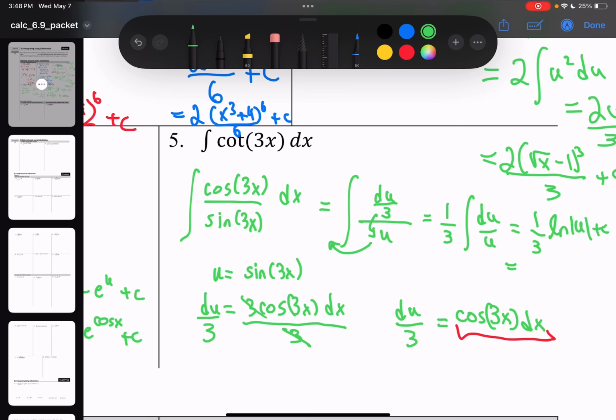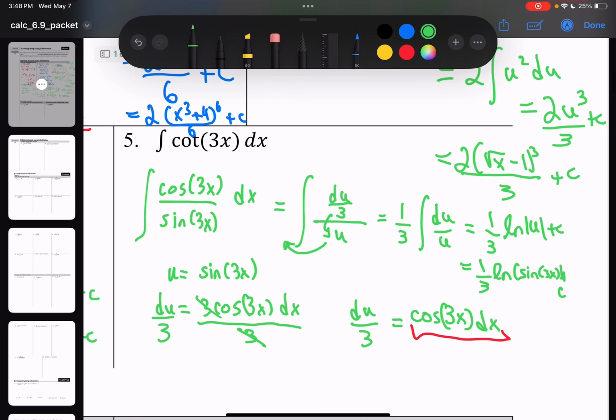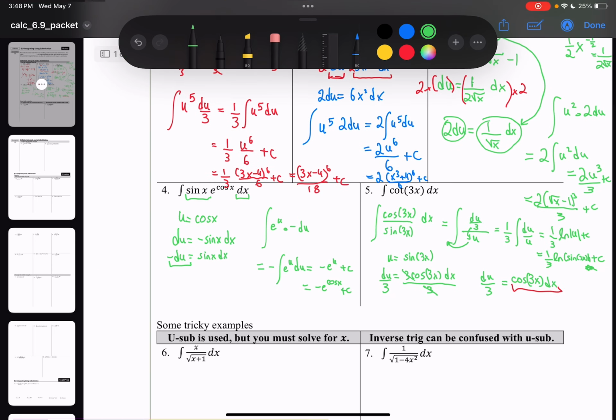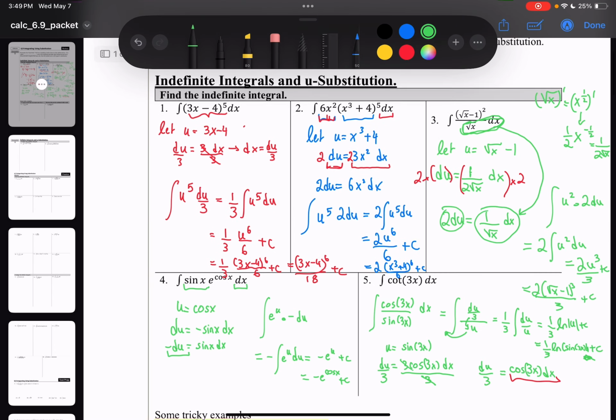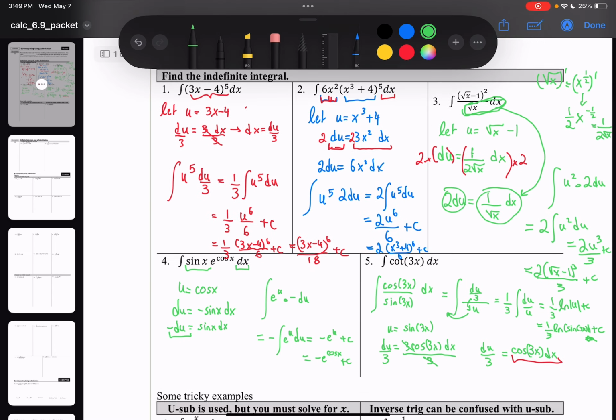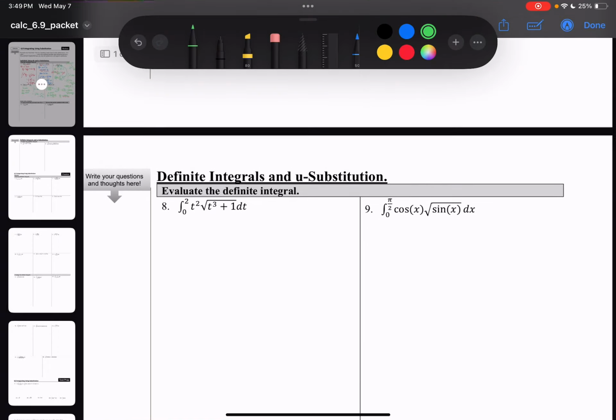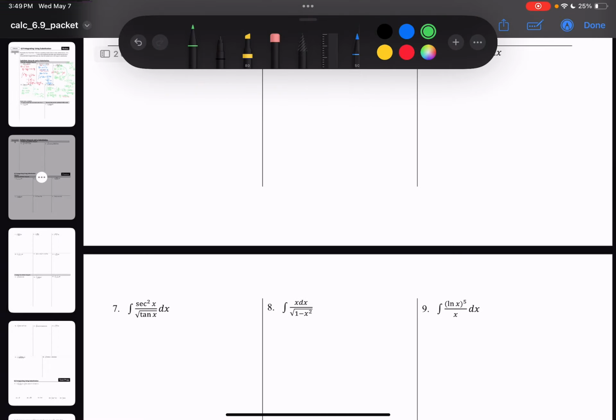Remember to turn back and use the original form of it. So 1 over 3 ln sine 3x plus c. Yeah, this is basically it. This is like the main idea of the lesson. If you understand these 5 questions, I believe that the rest of these questions are going to be easy.